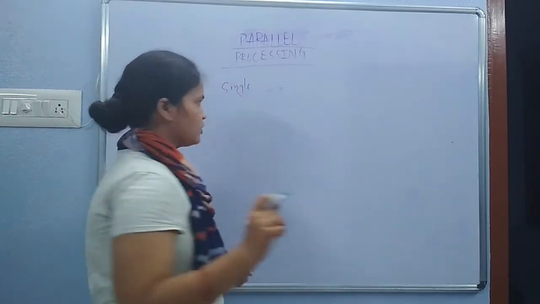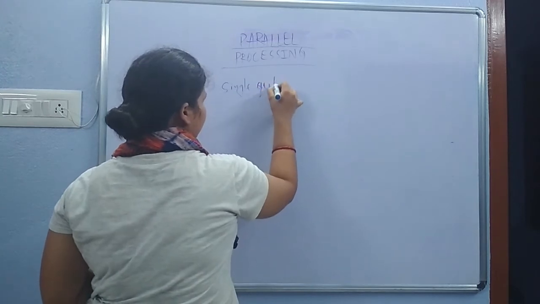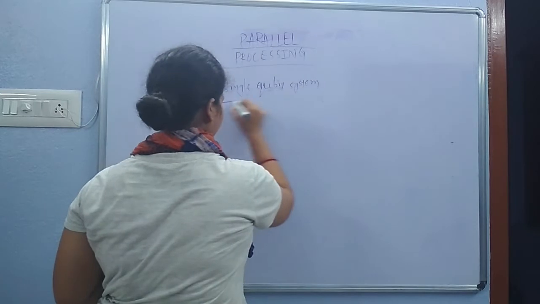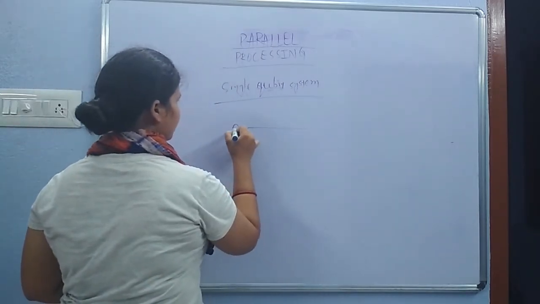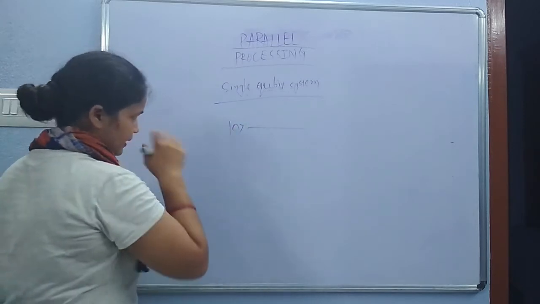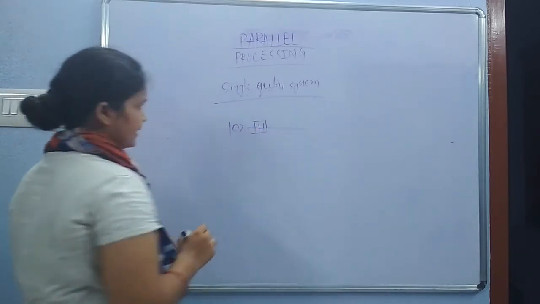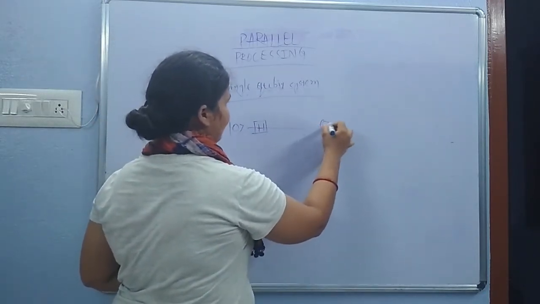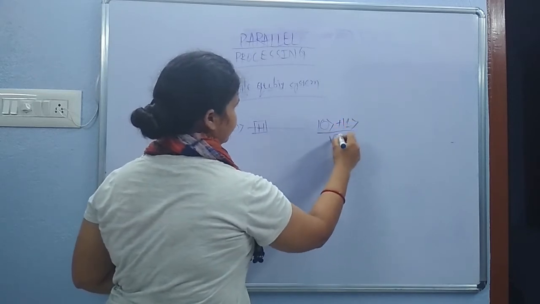So for a single qubit system, the circuit has the initial state 0, and first a Hadamard taken as an operator or function, which gives 0 plus 1 divided by root 2.